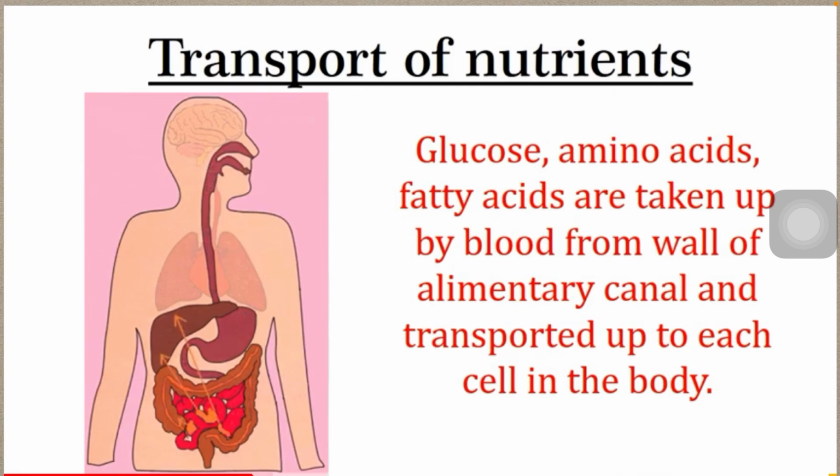Next is transport of nutrients. Simple nutrients like glucose, amino acids, fatty acids are taken up by blood from the wall of the alimentary canal and transported to each cell in the body.